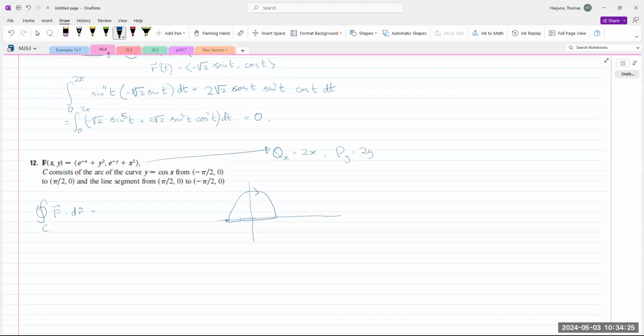So it looks like this. And notice the orientation is negative, huh? In relation to this D here. Okay, so this is negative the double integral over D of Q sub x minus P sub y dA.